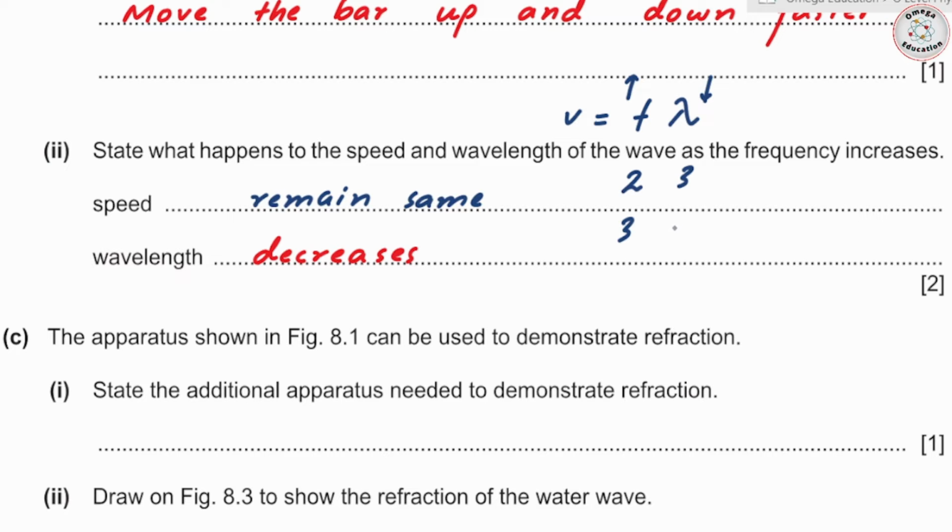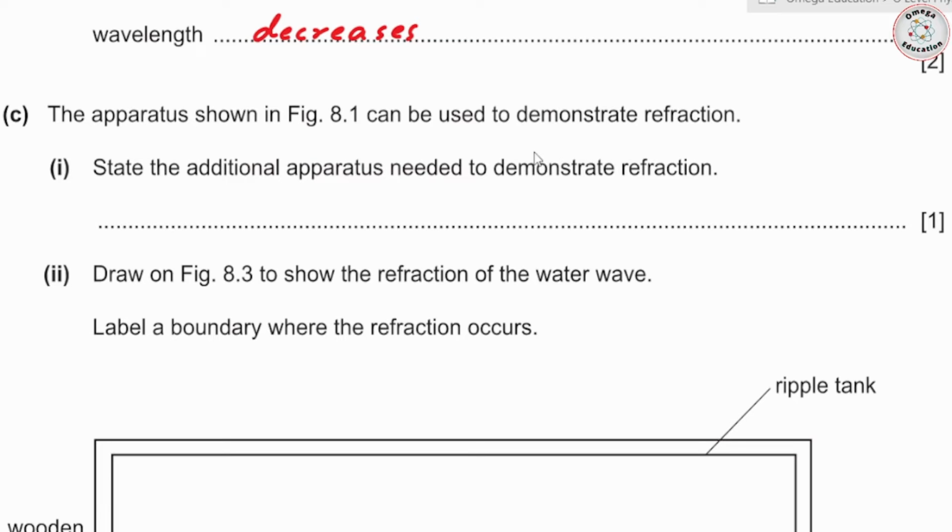If you increase the frequency to 3, then the wavelength would be reduced, let's say to 2. What is the product of frequency and wavelength here? 6. That is your speed. What is the product here? That is still 6. So as frequency increases, the wavelength decreases proportionally, and hence the speed remains same.